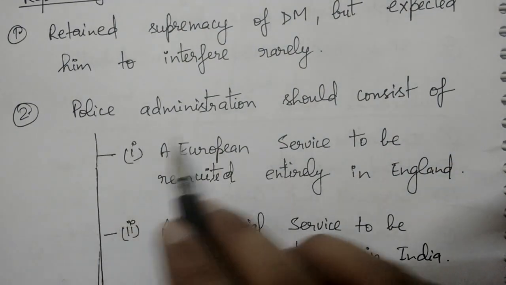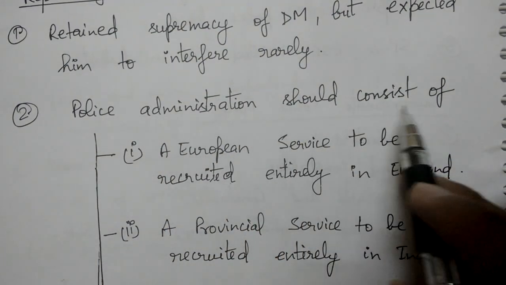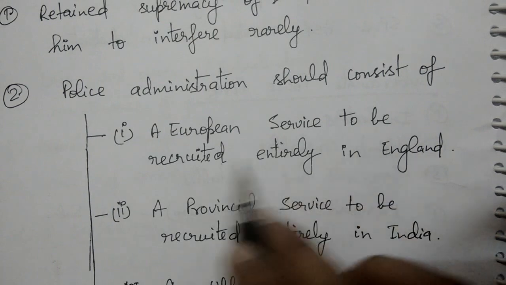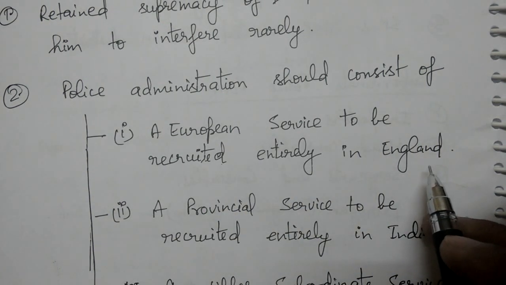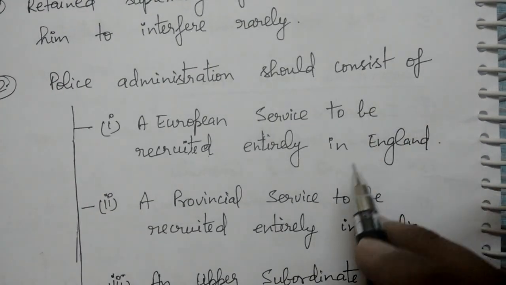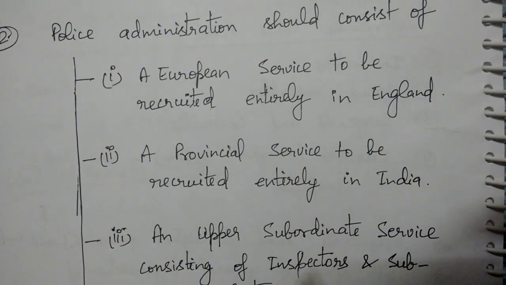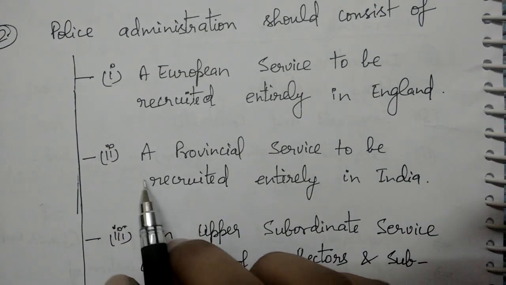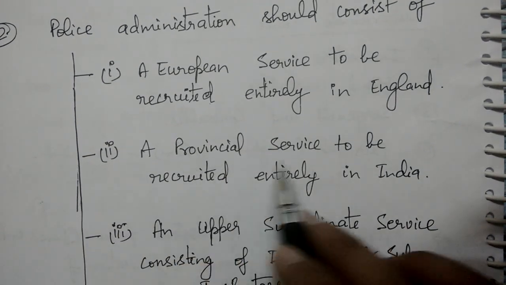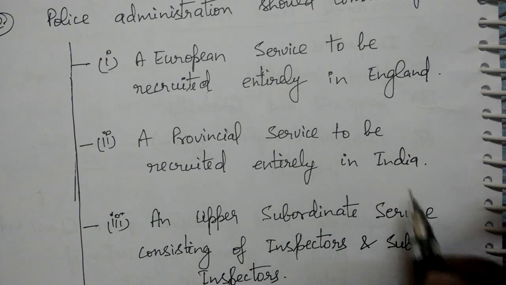Then the second point is that police administration should consist of a European service to be recruited entirely in England, and these people were only given the posts of superintendent of police and higher, inspector general of police and those posts. Then, police administration should have a provincial service to be recruited entirely in India.